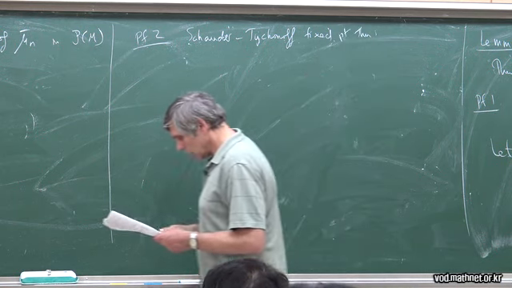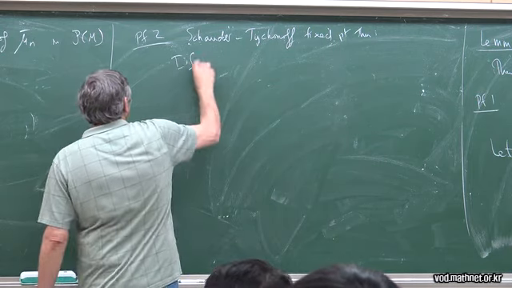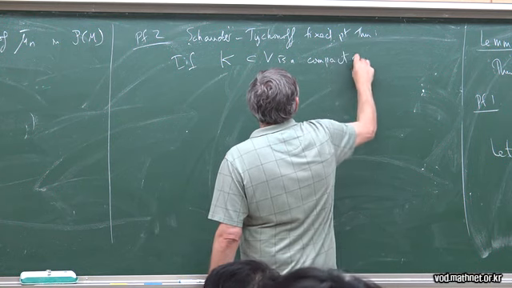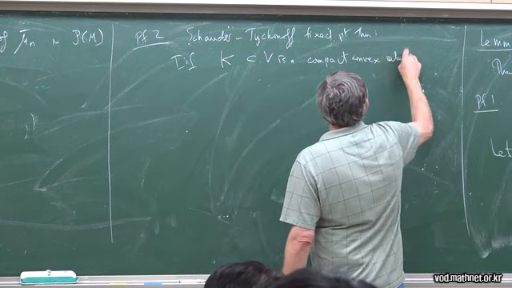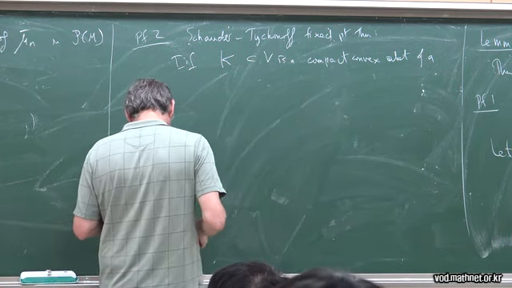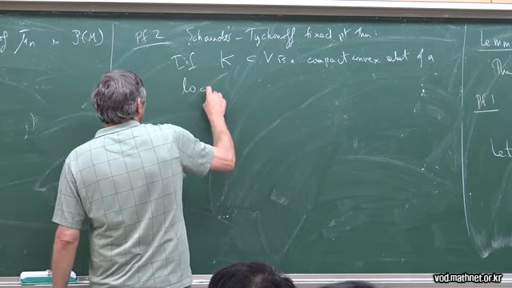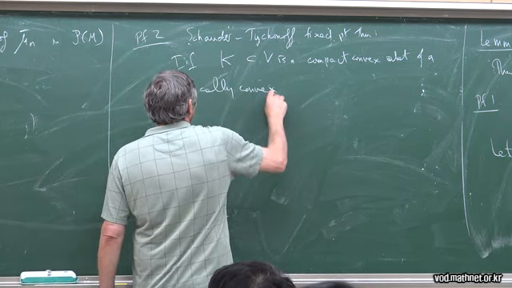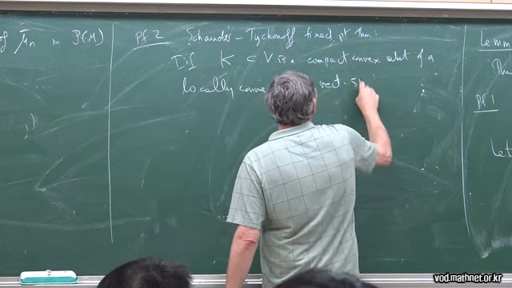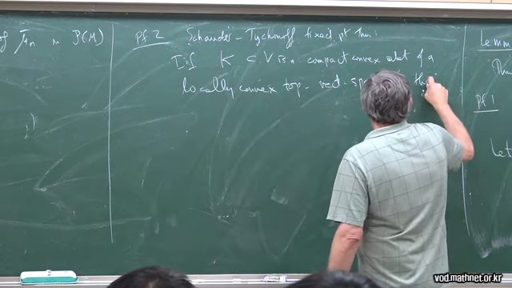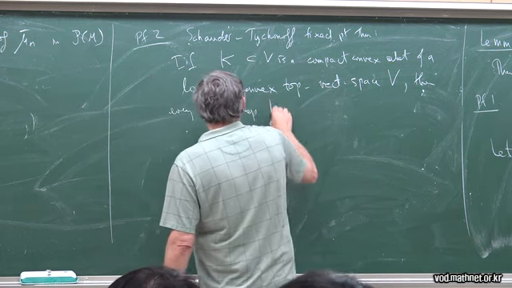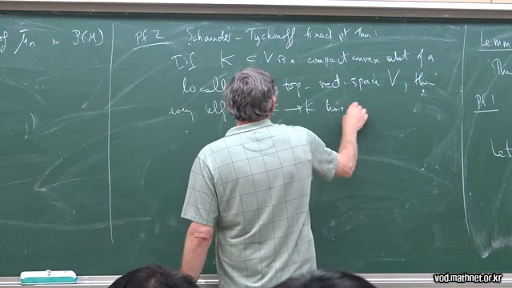This says that if K in V is a compact convex subset of a locally convex topological vector space V, then every self map from K to K has a fixed point.